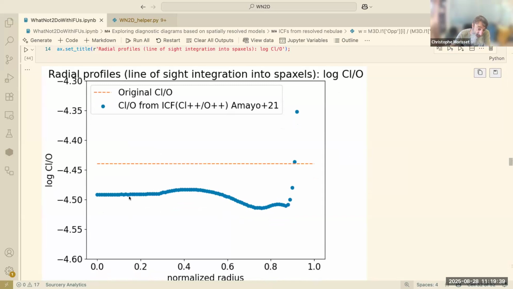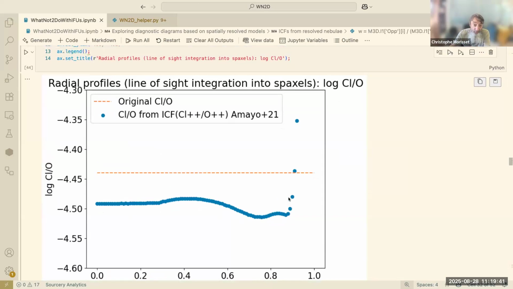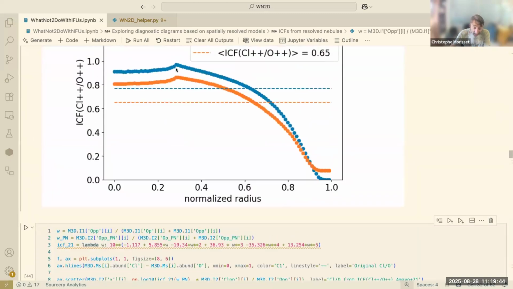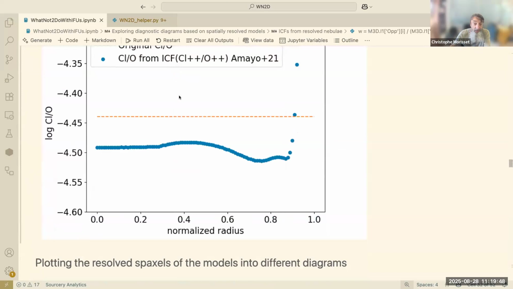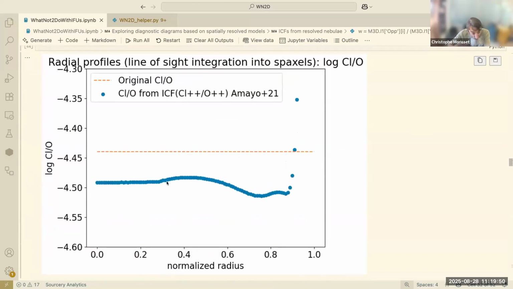And my determination of abundance, even with a strongly decreasing ICF and a strongly decreasing O++ over O, is rather flat. So there is no apparent wrong gradient showing up. So it's not that bad. Okay, the outer part is totally wrong, but there is no O++ at all.